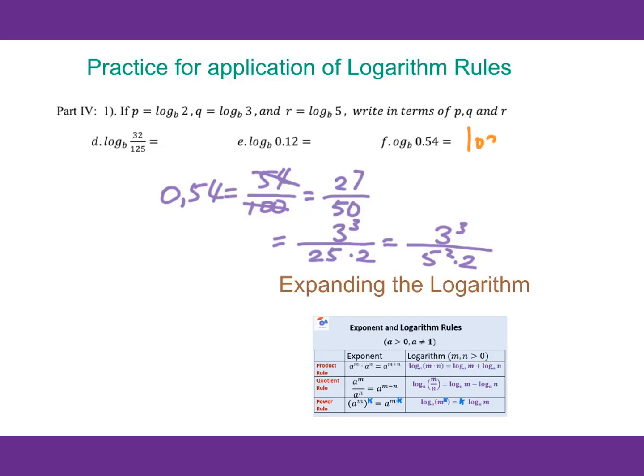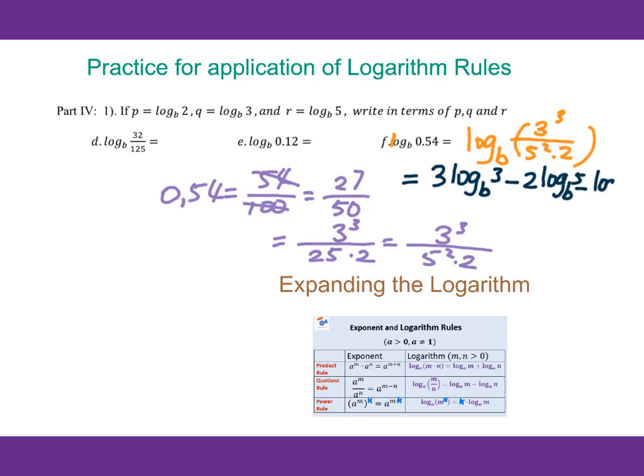Now I will change for the F. I will do the log base b of 3 to the third power over 5 squared times 2. Then expanding the log, you will get 3 log base b of 3 minus 2 times log base b of 5 minus log base b of 2.